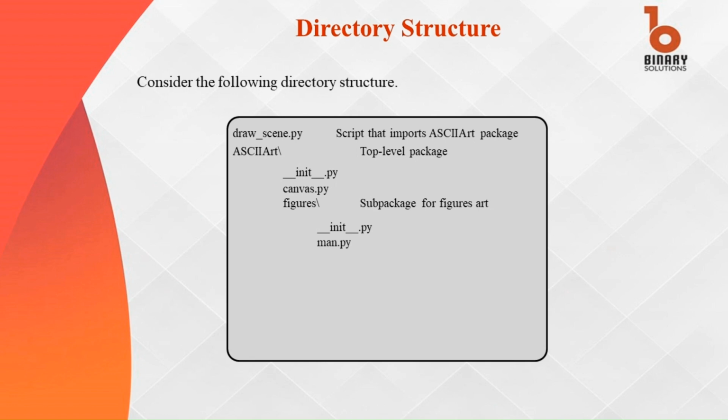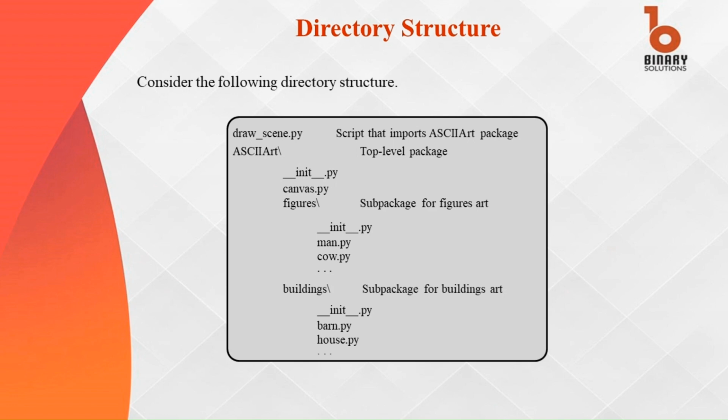The figures subpackage contains modules like man.py and cow.py that define ASCII representations of characters and animals, while the buildings subpackage has barn.py and house.py for creating architectural elements in ASCII. Each subpackage also includes its own __init__.py file, marking it as a subpackage.